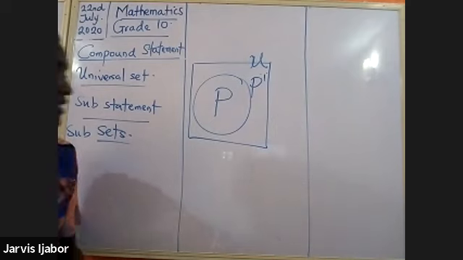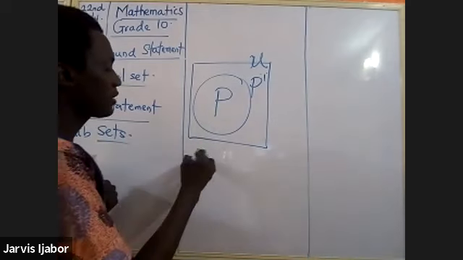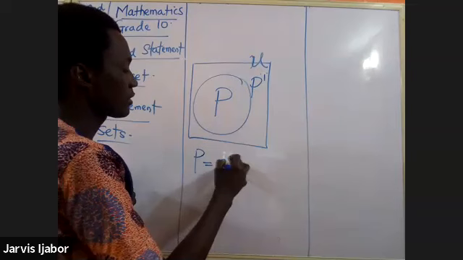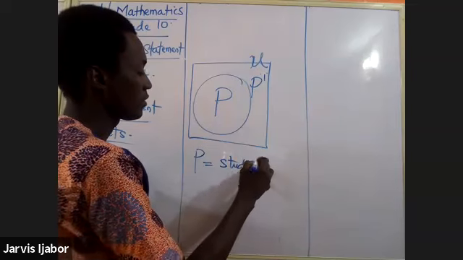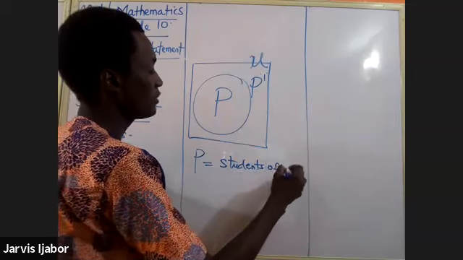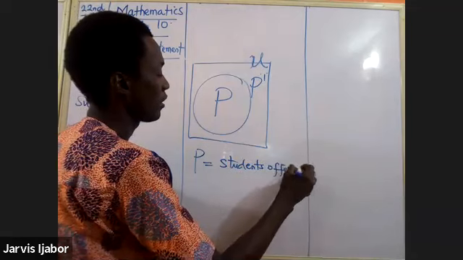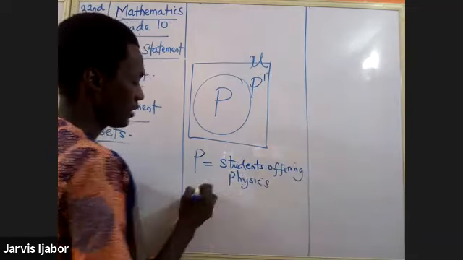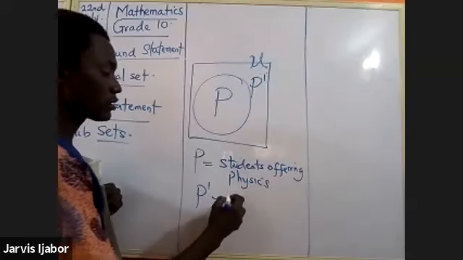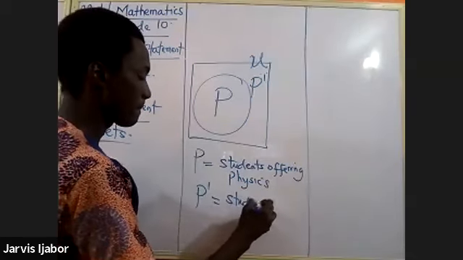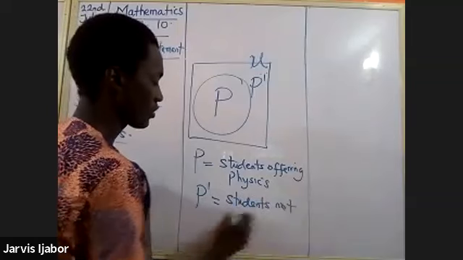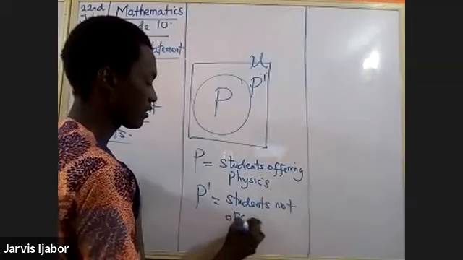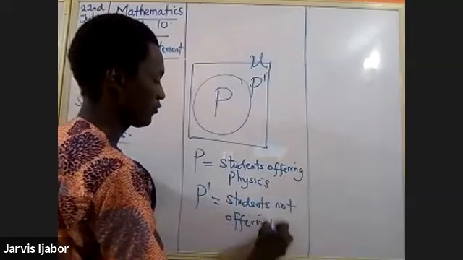Do we understand that? If I say P is students offering physics, it means that P prime will be students not offering physics.